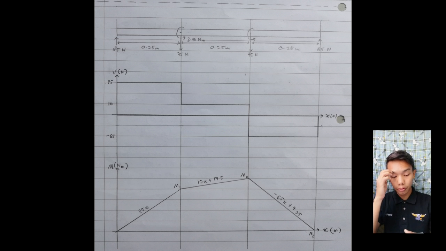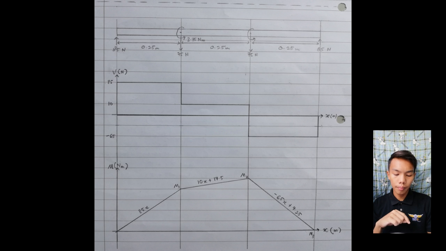So next is the bending moment diagram, where M1 is positive, so it will incline with a gradient of 85, because 85 is the coefficient.